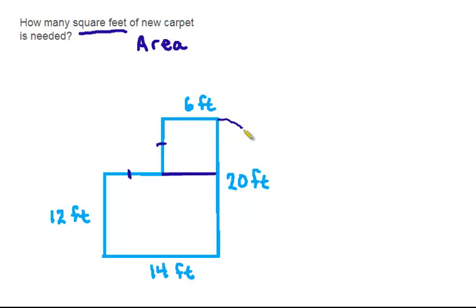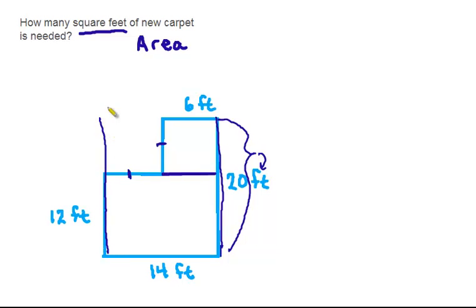So we don't know the length of that side, and we don't know the length of that side either. So to begin, we know that this side is 20 feet, right? So if this side here is 20 feet, then the side opposite also has to be 20 feet. So this entire side should be 20 feet.